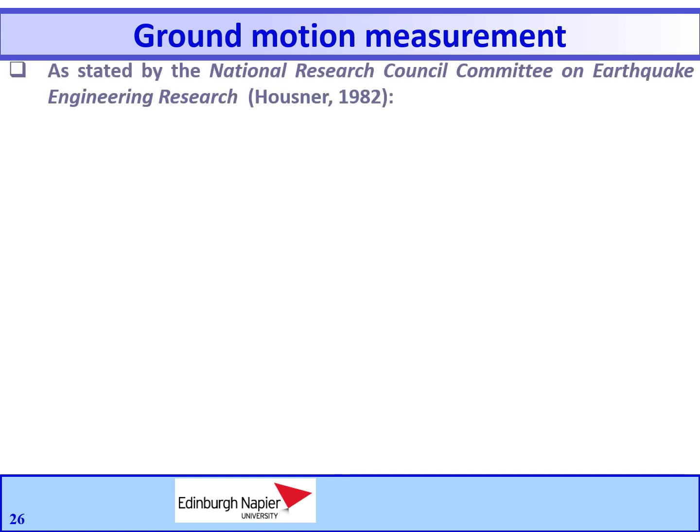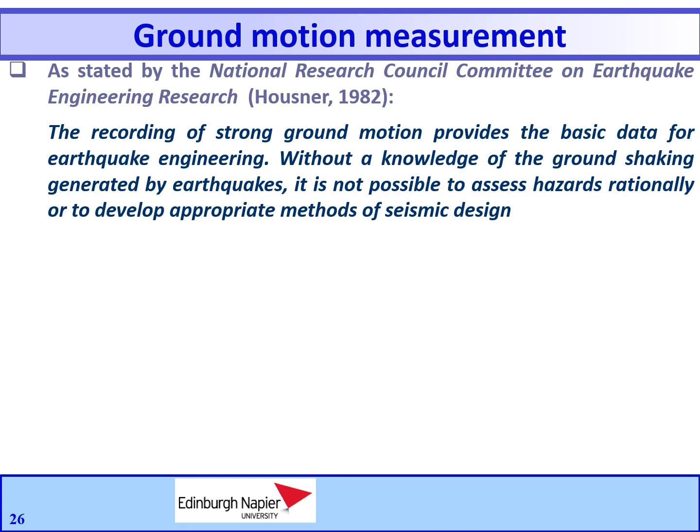The importance of such instrumentation is stated by the National Research Council Committee on Earthquake Engineering Research, which states that the recording of strong ground motion provides the basic data for earthquake engineering. Without the knowledge of the ground shaking generated by earthquakes, it is not possible to assess hazards rationally or to develop appropriate methods of seismic design.